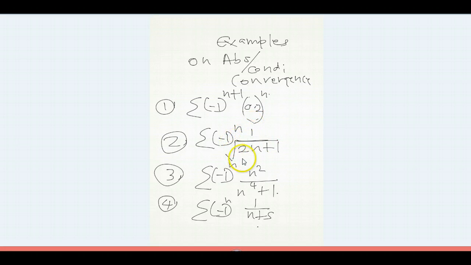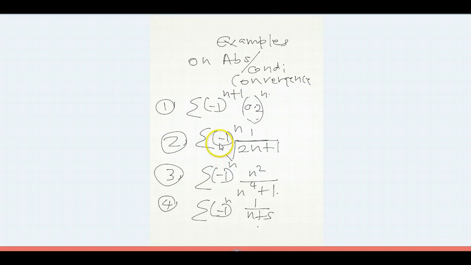It's very clear that the remainder part is decreasing, and if you take the limit of this, it's 1 over infinity, so it's 0. So we have the remainder going to 0. That means it is actually okay from AST to say that the full series is convergent.